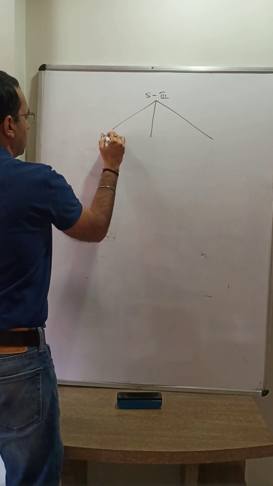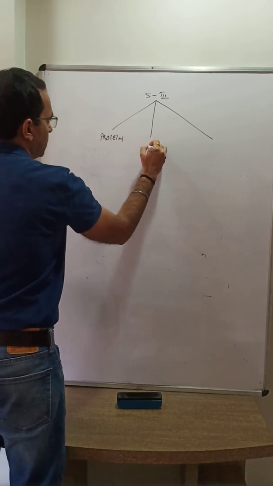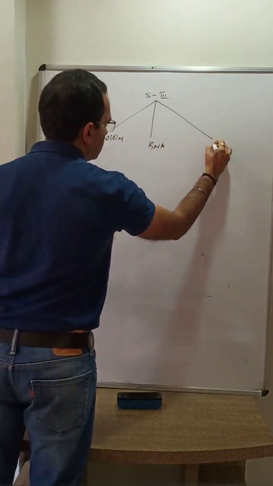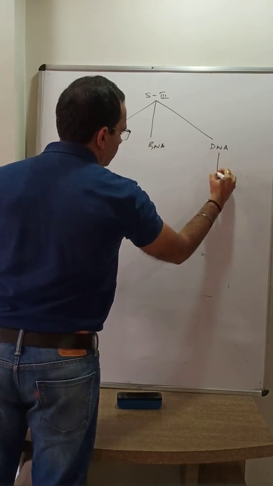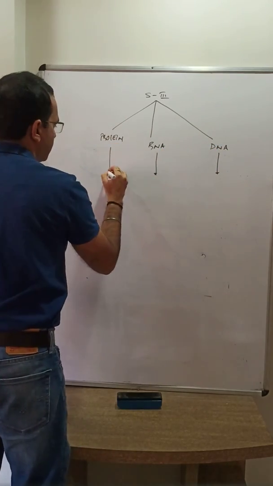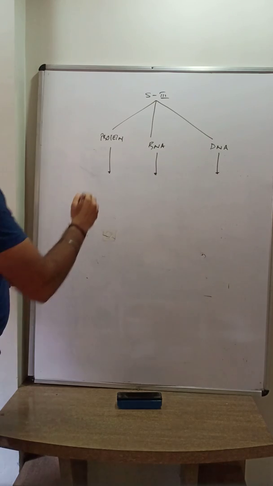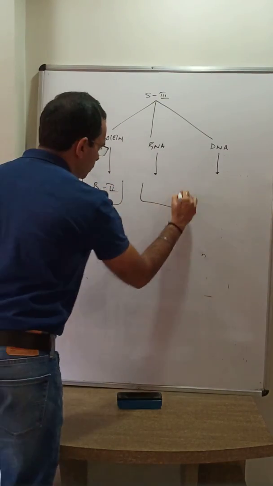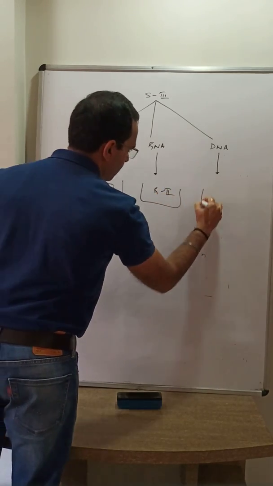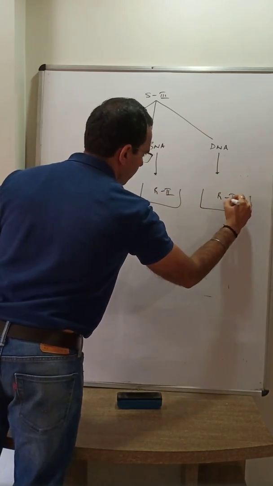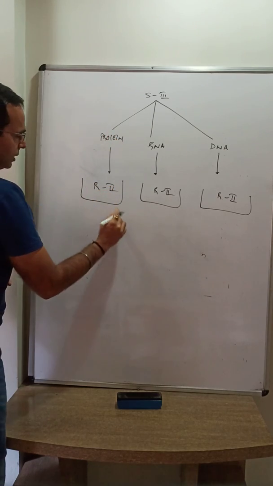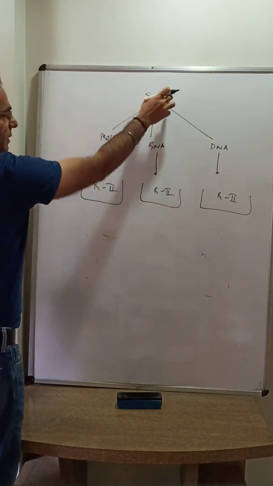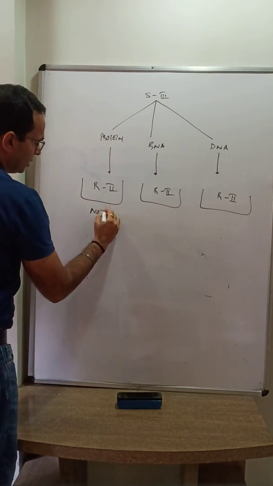First was protein, second was RNA, and third was DNA. All these three molecules, they put in a culture that contains R2. When they took the protein of S3, there was no transformation.